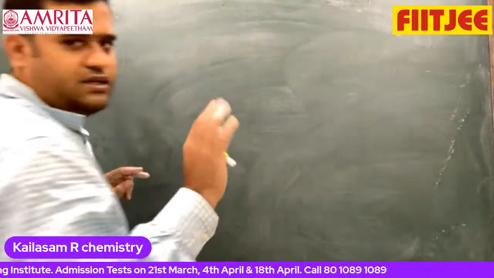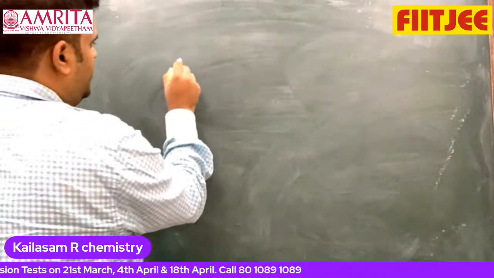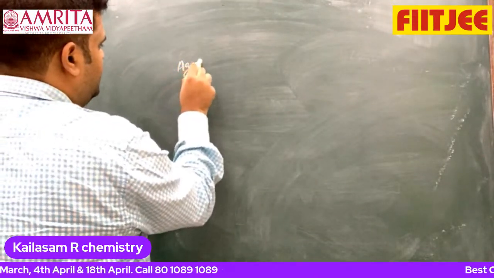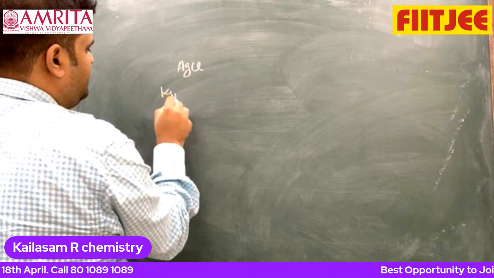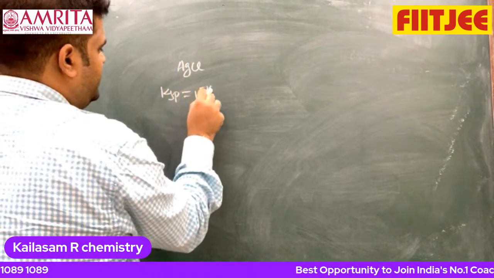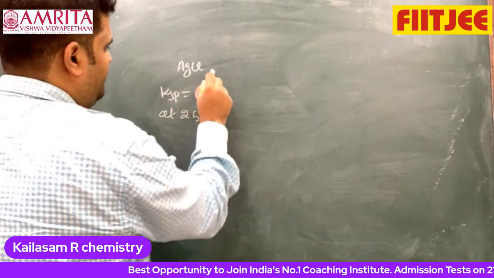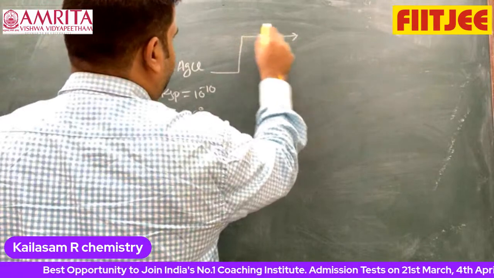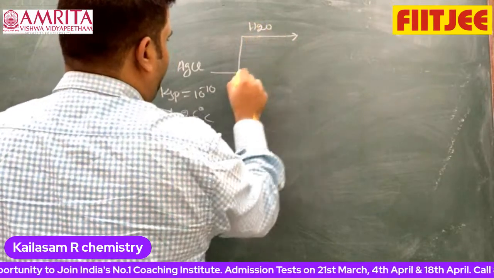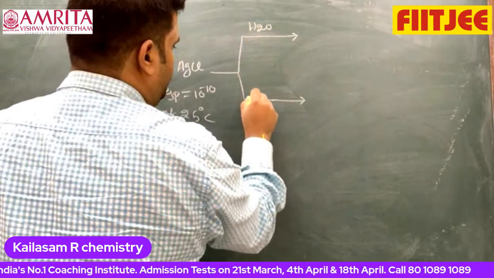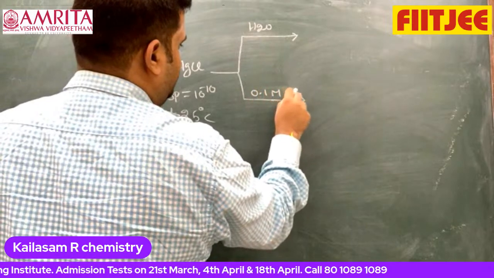Look at that. The question is AgCl. They are telling that Ksp is 10^-10 at 25 degrees Celsius. Find the solubility in water and find the solubility in 0.1 molar NaCl.